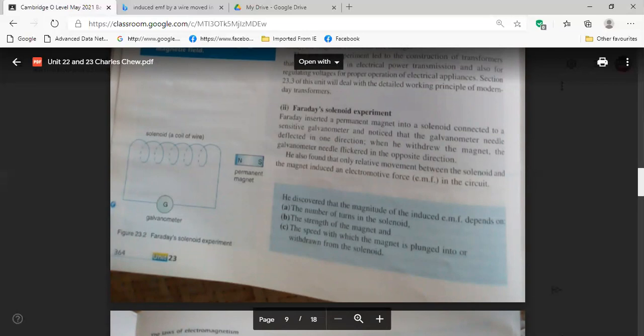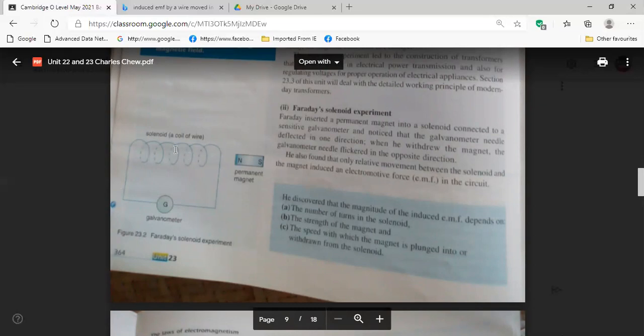This heading you write: Faraday's law of induction. Yes, sir, I wrote. And then draw this diagram.